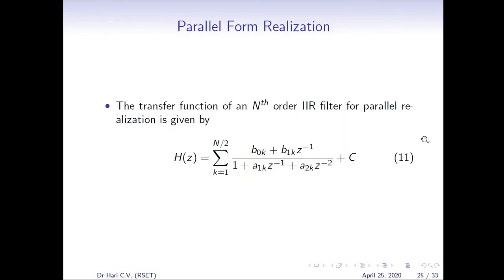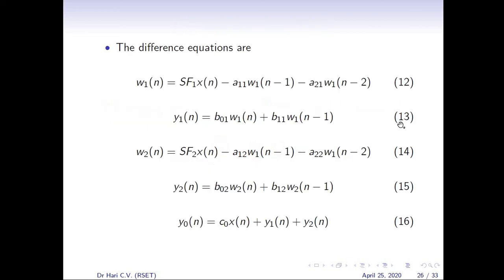The parallel form realization. The transfer function of the nth order IIR filter for parallel realization is given by the equation H of z equal to summation k from 1 to N by 2 of b0k plus b1k z inverse divided by 1 plus a1k z inverse plus a2k z raised to minus 2, plus c.